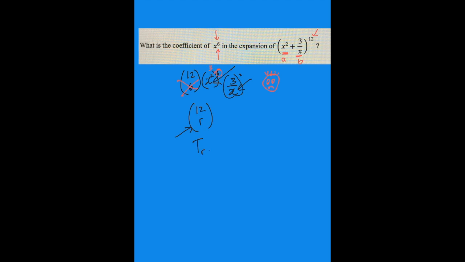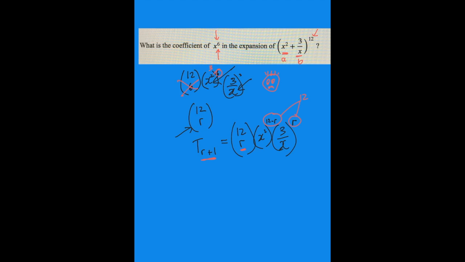The term, whichever term it is going to be, is 12 choose r, our a, which is x squared, to the power of 12 minus r, and our b to the power of r. Remembering that these two powers have to add up to 12, but we're not sure which term this is.